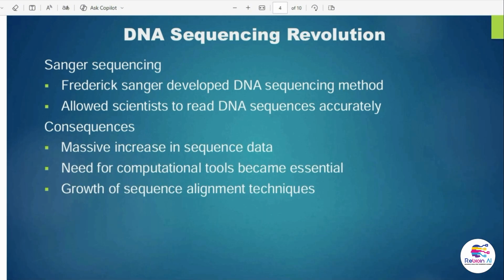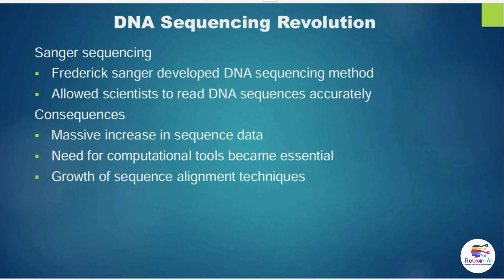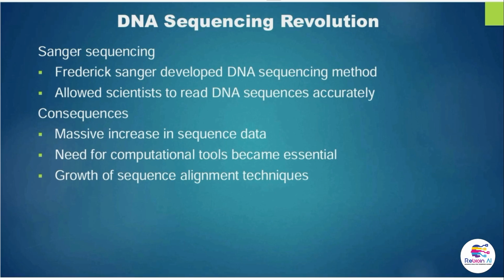Now, the result of Sanger sequencing was a massive increase in sequence data. Genomic research accelerated and computational tools became absolutely necessary. Suddenly, scientists had more biological data than humans could analyze manually. This created a strong need for computational analysis, sequence comparison tools, and automated algorithms.